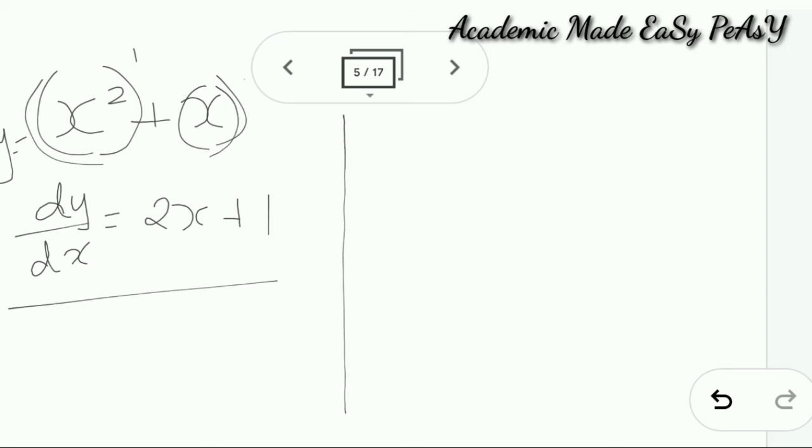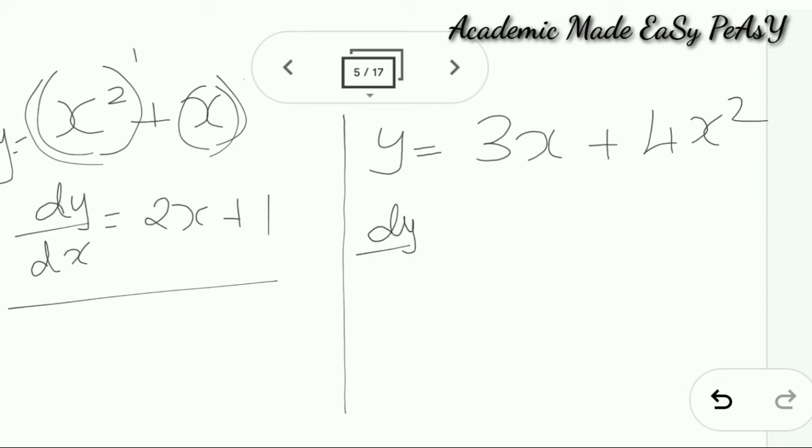Now let us see for subtraction. Let y be equal to 3x minus 4x square. Okay, so I will be taking dy by dx is equal to, for this it will be 3.